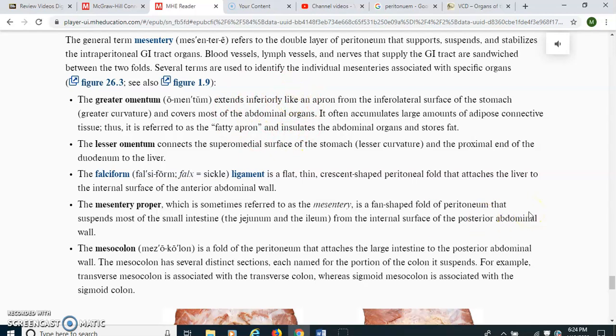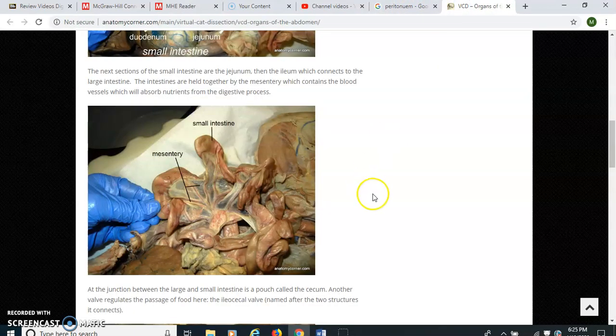The other thing that will run through a lot of those folds of peritoneum is blood vessels, and even some nerves too. And I have a picture. This is the picture of the mesentery. These are our small intestinal loops here, and that's the mesentery. You can actually see the blood vessels.